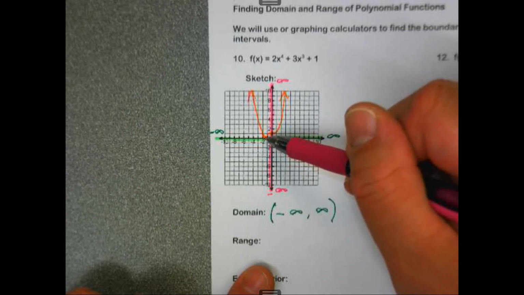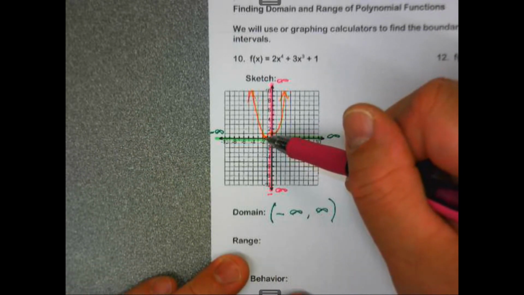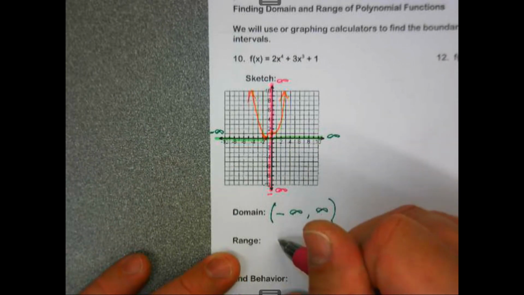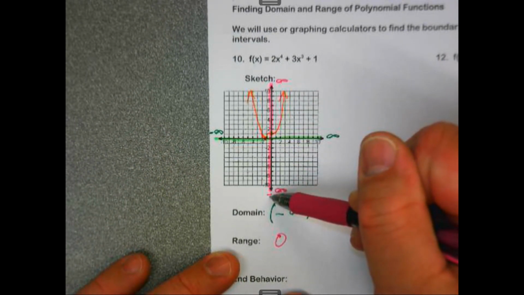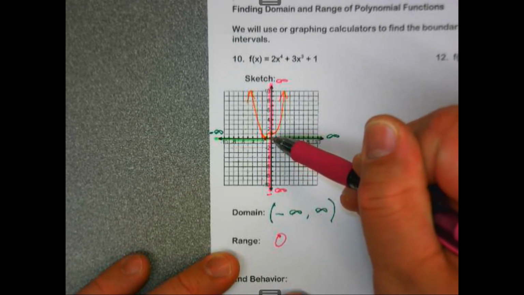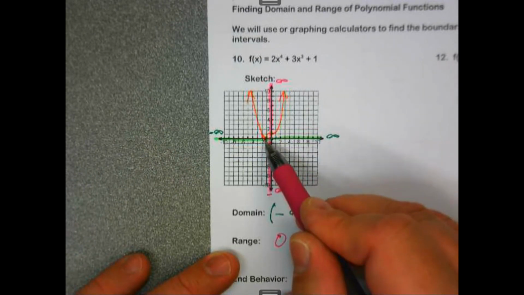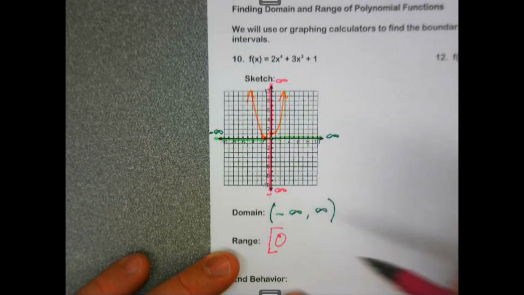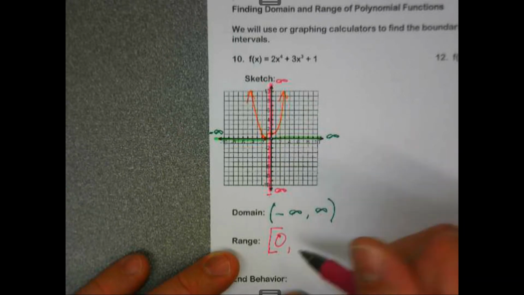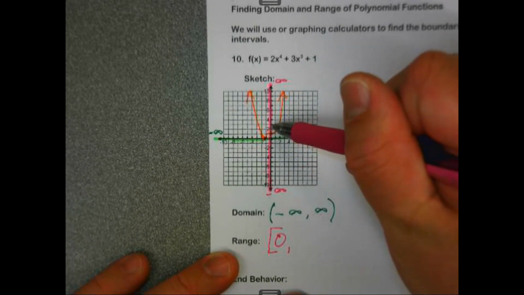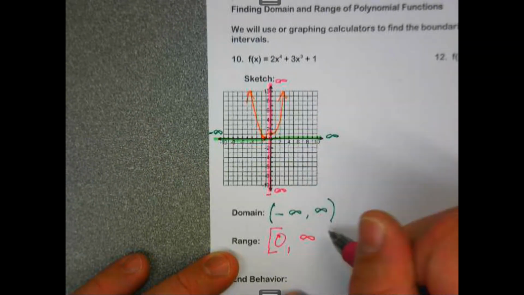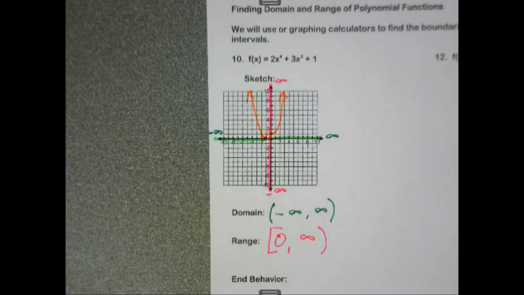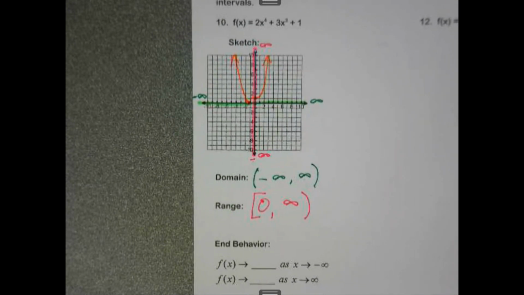Now remember, any x-intercept is going to have a y value of 0. So even if I start at the smallest, the first number I hit is 0 for the y-axis. And it actually includes that 0. So I'm going to use a bracket. Then my y values keep going on, and it goes on to positive infinity, which always gets a parenthesis.